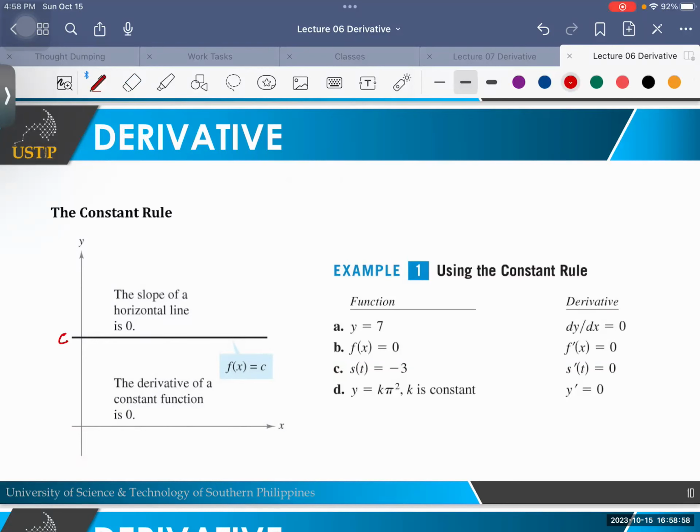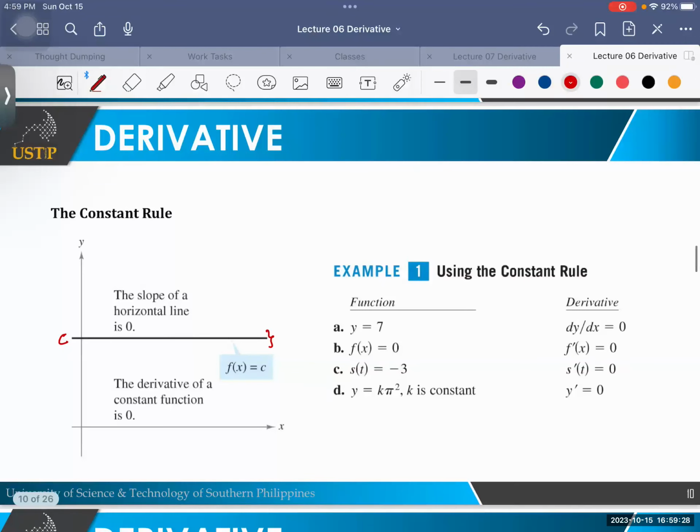Now, if we want to get the derivative of this constant function, di ba atong kuhaon is ang slope niya class? Now, the slope of a horizontal line is equal to 0.